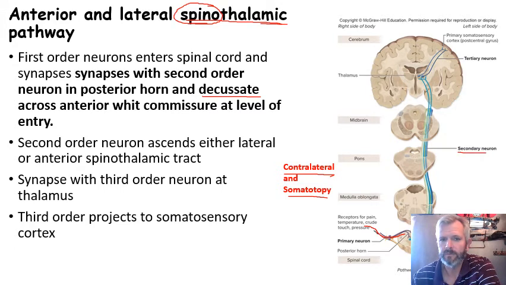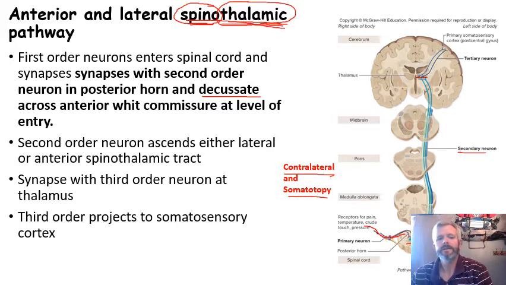Okay, thalamic, where we get the synapsing between the second and third, or what they're calling the secondary and tertiary neuron, is in the thalamus. So the first synapse is in the spine, spino, the second synapse is the thalamus.